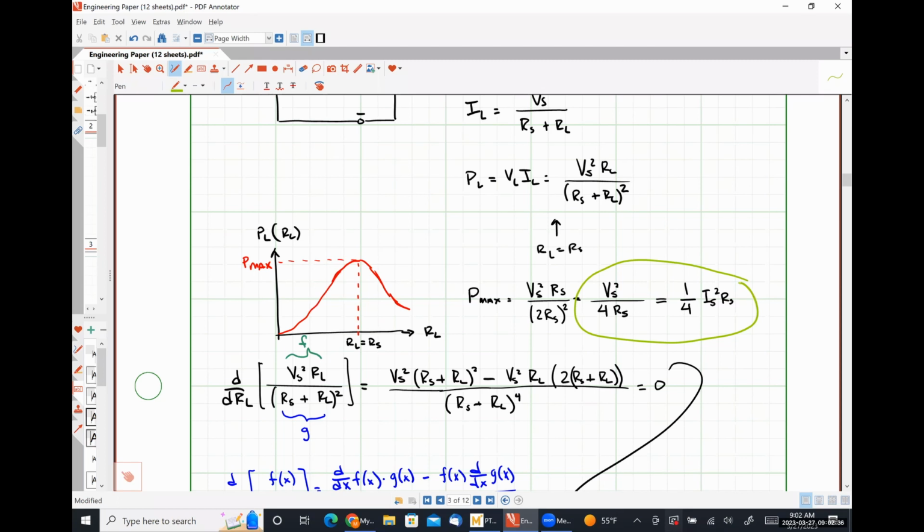So let's tie literally everything that we've done today together and look at one last circuit.